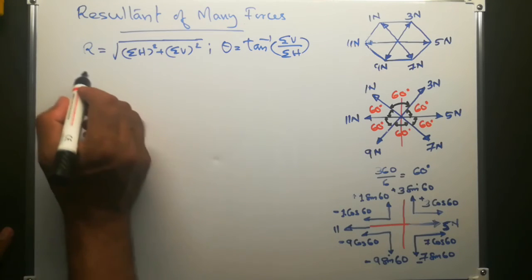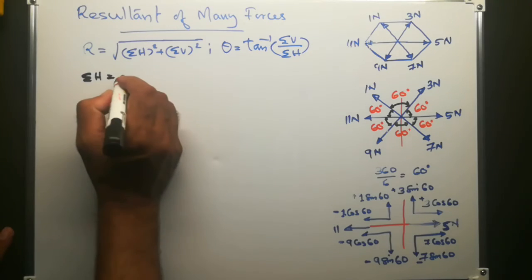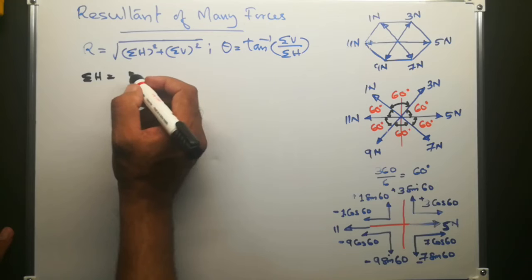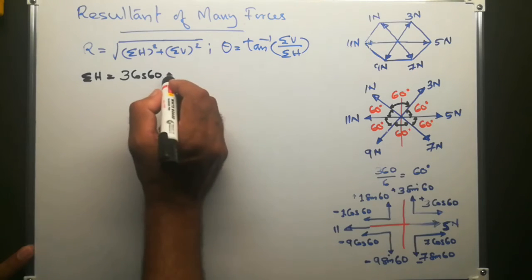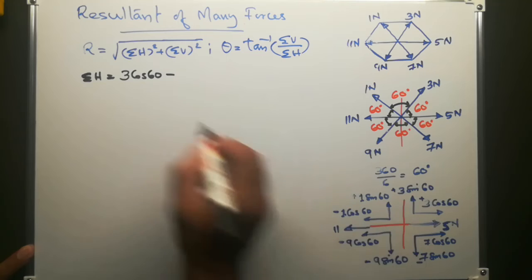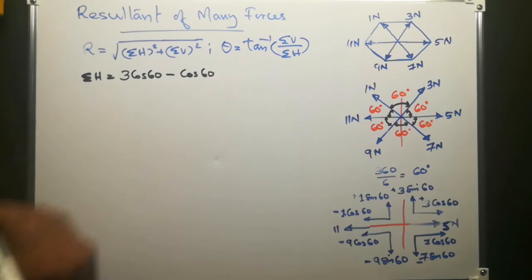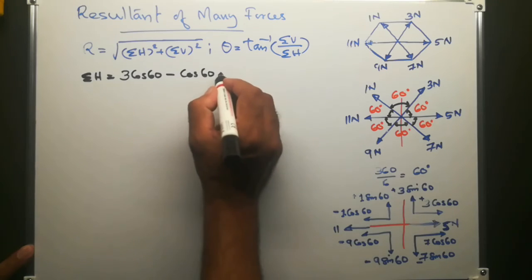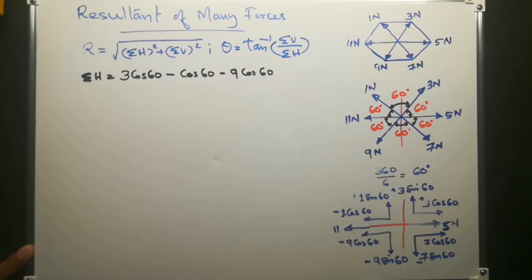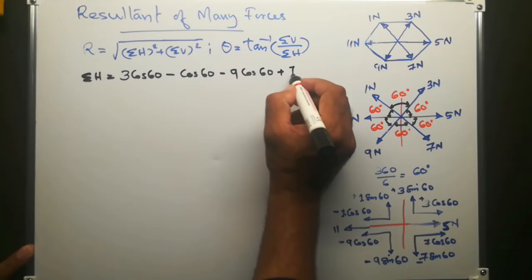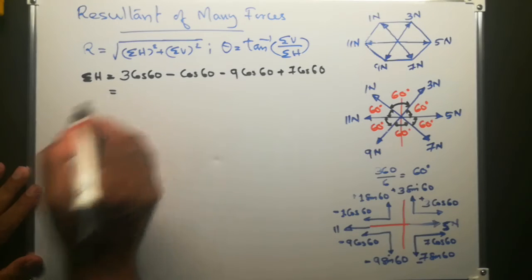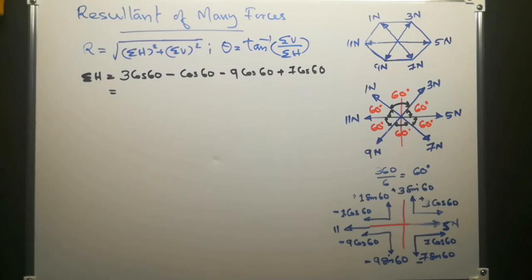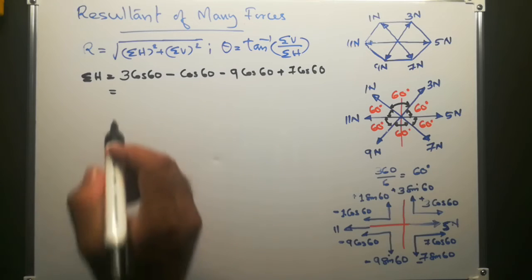So sigma H is equal to 3 cos 60 minus 1 cos 60 minus 9 cos 60 plus 7 cos 60, and when you calculate this you get sigma H equal to minus 6 Newton.